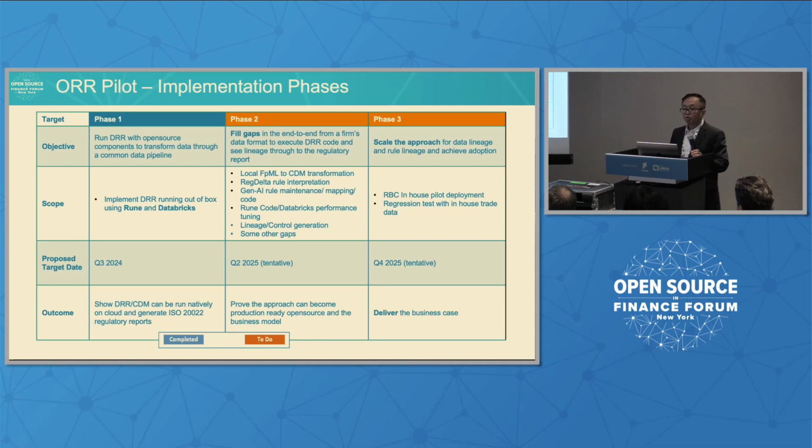And the last and the most important, we have to make sure the data lineage and the data control are in place for each step of the process. Until all this is completed, as part of phase 1, RBC has committed to take this code, install it in our own cloud environment and run against large data, like a large trade volume, to see how it performs and provide feedback to the FINOS open source community.